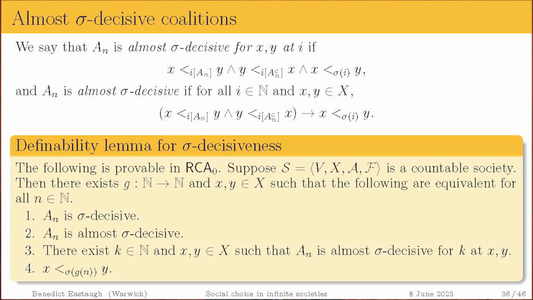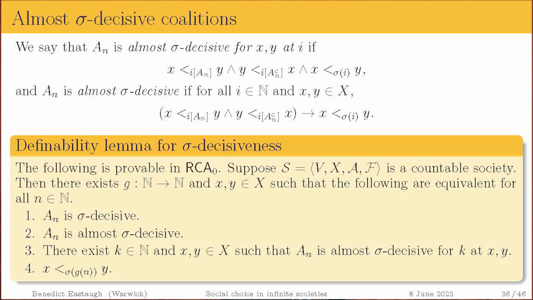It's decisive, it's almost decisive, it's almost decisive at a single profile, and finally, it's almost decisive at this one particular profile that we can compute. So it's like 4 is just giving us a computable witness for 3. Okay. And this is really the heart of the proof.